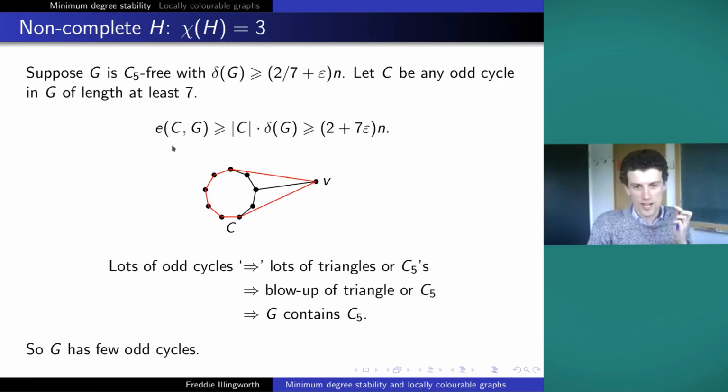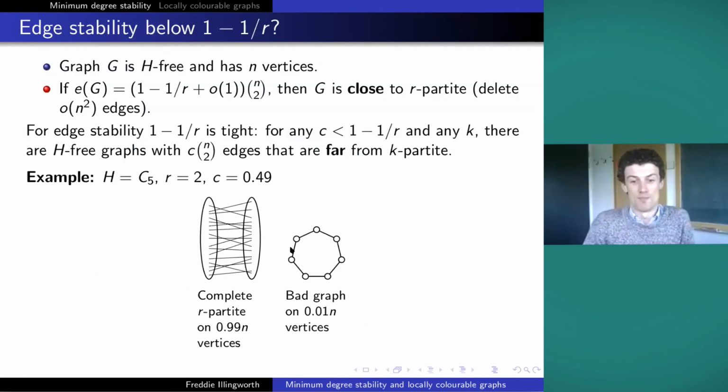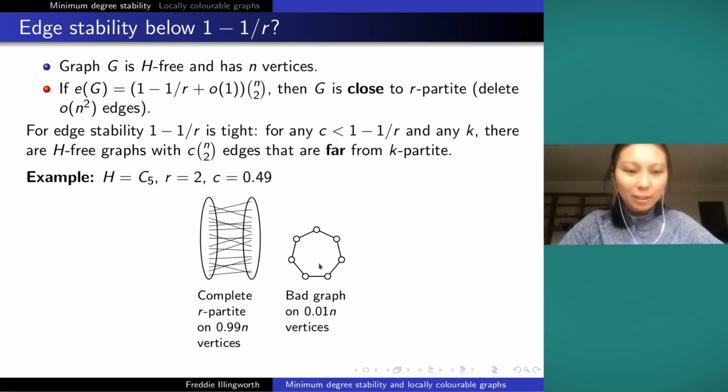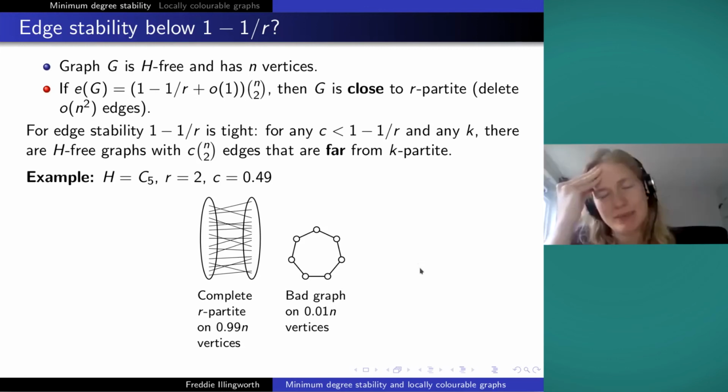So the danger with average degree is this bad graph thing, where you can be far from being 100 partite, but then the far part is just some graph on a small proportion of vertices. Yep, that's true. I think there are some graph properties you could use that would rule out this sort of thing, maybe maximum average degree or degeneracy kind of stuff. Yeah.